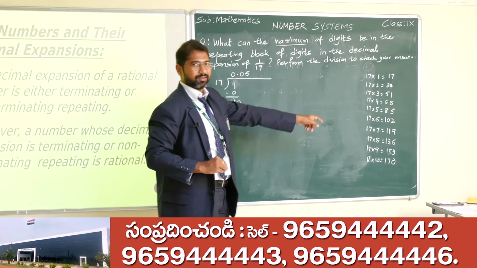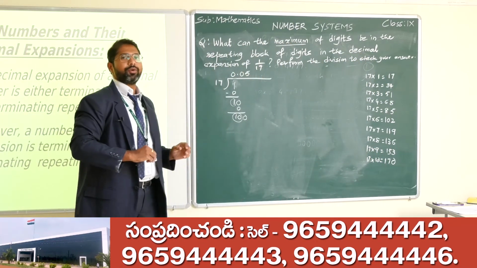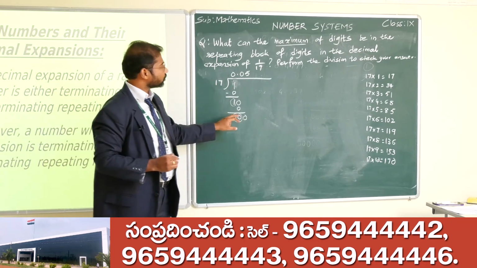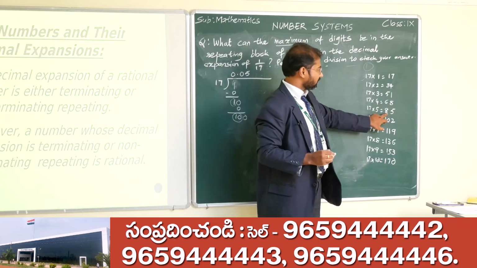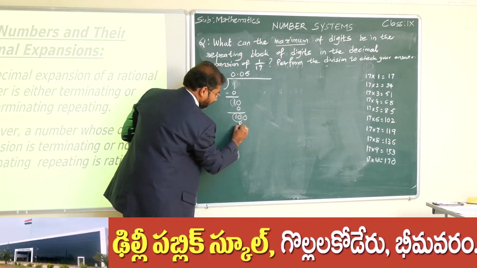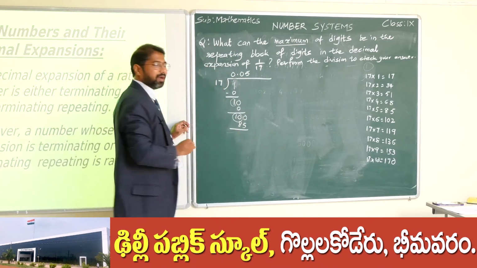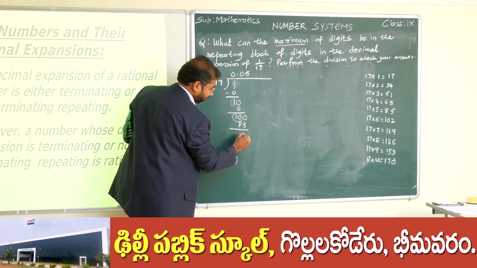Here I wrote it very clearly. That will help you to do this division easily. So 100, I can see that 17 fives are 85. Now the remainder is 15.